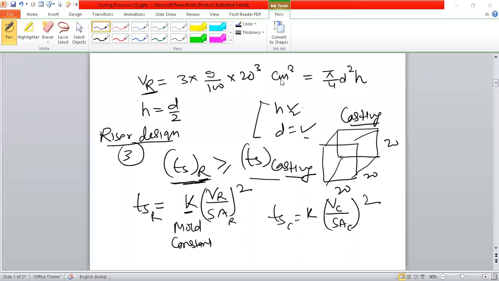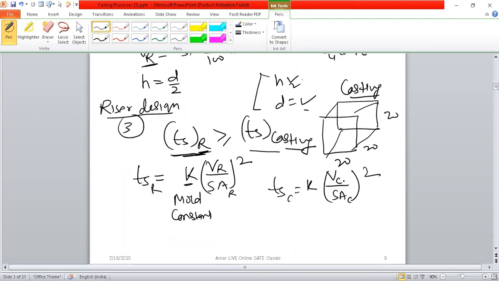Okay, so we continue. Now, so solidification, you have to check this, right? You have to check this solidification of riser must be greater than solidification of the casting.